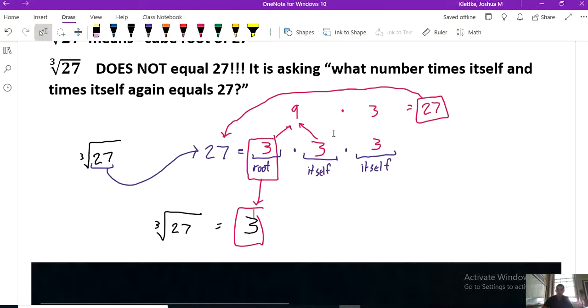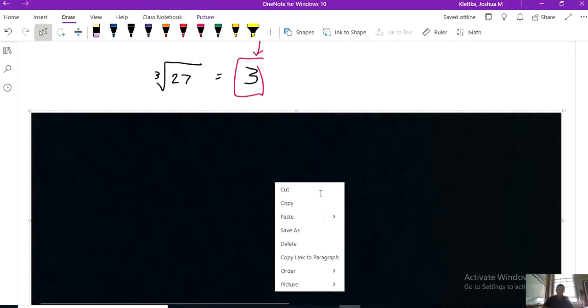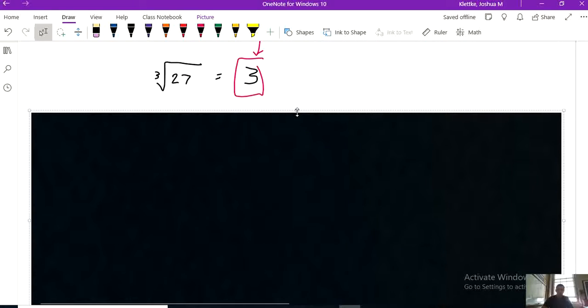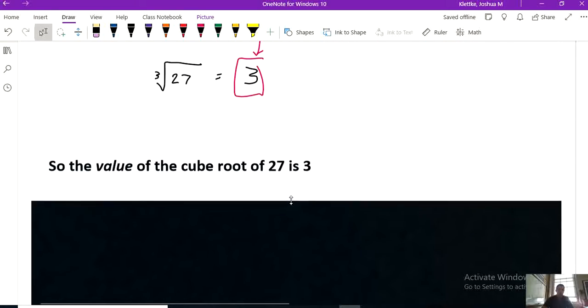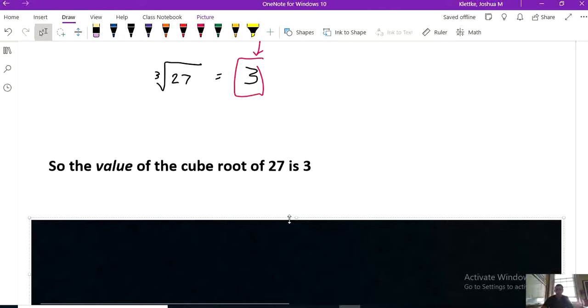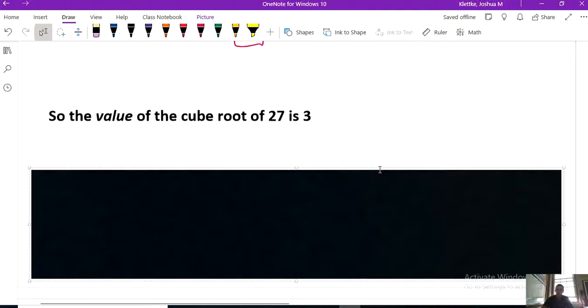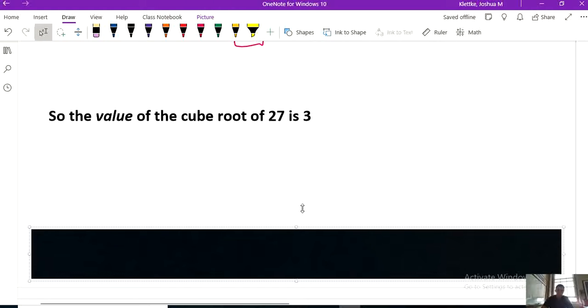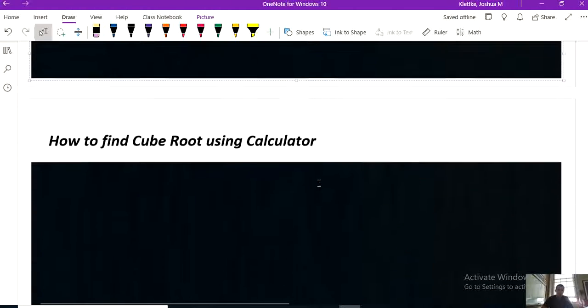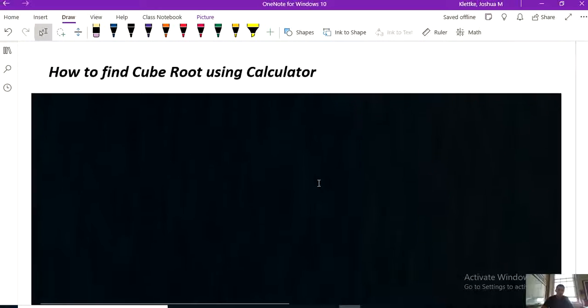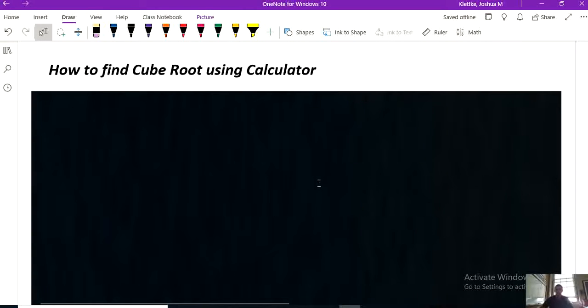Now, because cube roots take a decent amount of thought, for 27 it wasn't too hard because we found out that it was 3, and 3 is a pretty quick number that we tested. But if we get very large numbers, it might not be so easy. So I'm going to show you a trick in the calculator on how to find cube roots using the calculator.